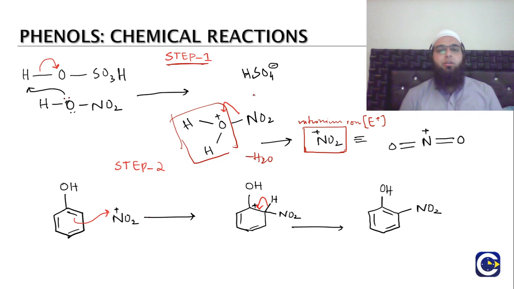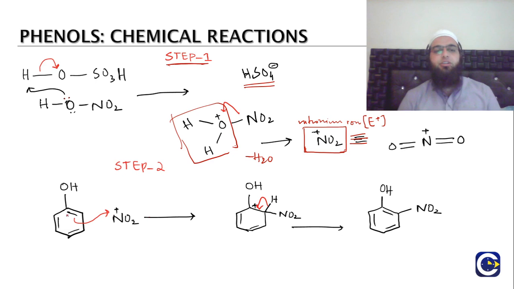The HSO4 negative ion will also remain in the reaction system. So in the first step we are getting the nitronium ion, and we can also represent it by this: a positive charge on the nitrogen, which is doubly bonded to two oxygens.